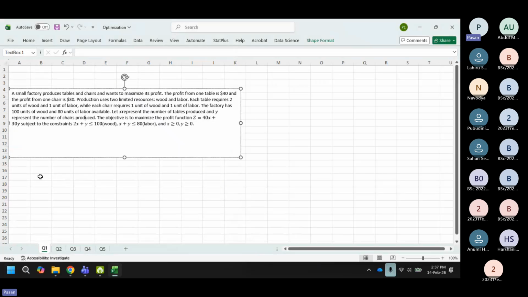So let me identify our variables here, right? First I can define my objective function in terms of our variables x and y.